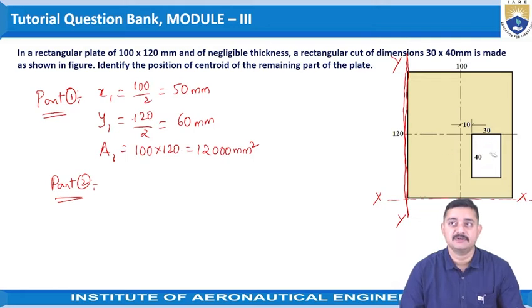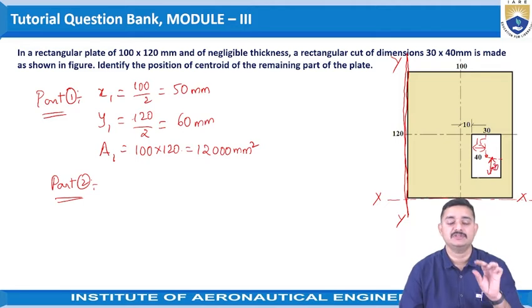The centroid of the second rectangle lies at the intersection of the diagonals, let us say here. That means from the vertical it would be 15 and from the horizontal, this distance, it would be 20. This is related to the second part of the rectangle.